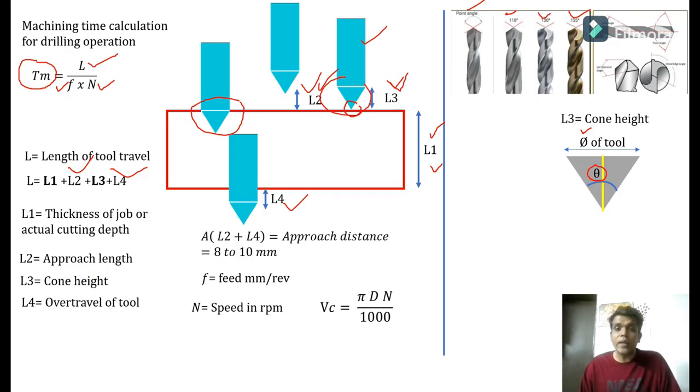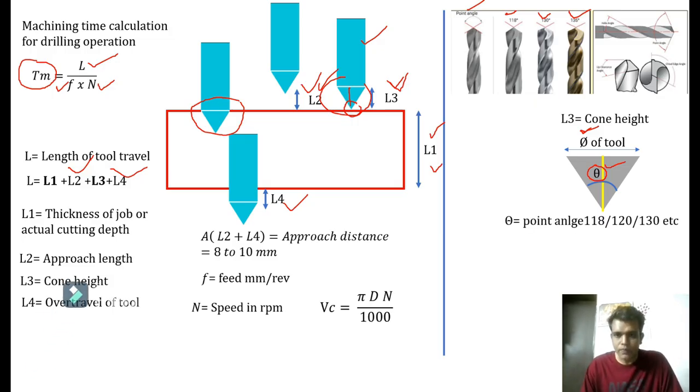We are going to select the tool, so we know the drill diameter and what is the point angle of the selected tool, which is written on the toolbox itself. So we know that angle, so we know this theta, and we know this diameter as well. As we know this diameter and angle, this vertical height L3 can be easily calculated. Let's see how. The point angle we know, based on our selection.